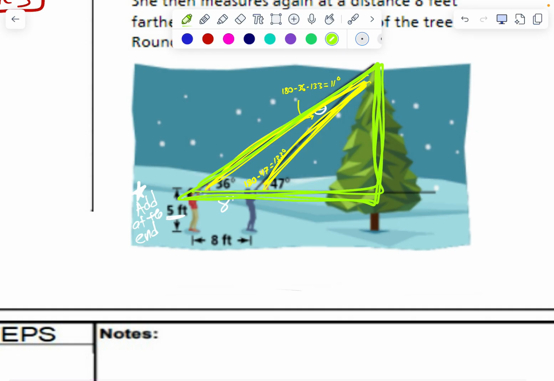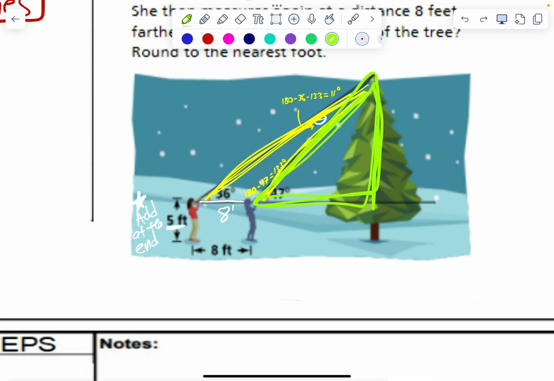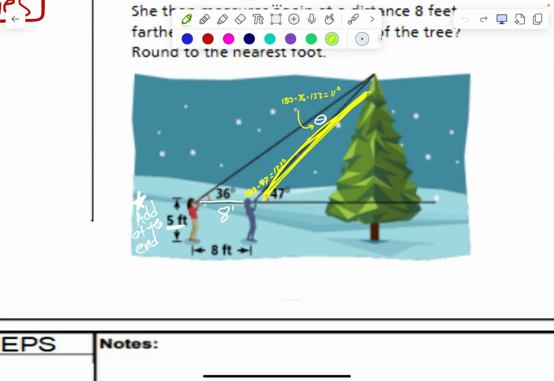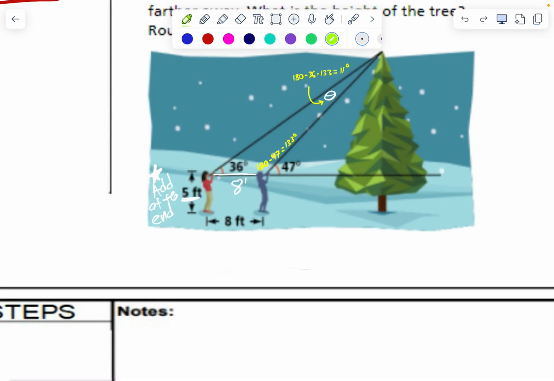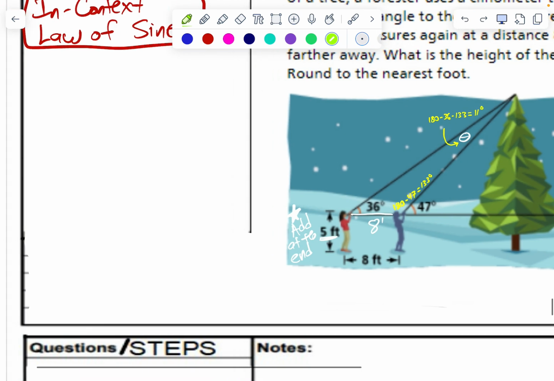If you find the longer outer length, you would do that right triangle. If you find this inner length, you would do this right triangle. Either way, I'm tracing over the height of the tree, so I can use either one to do the height. Decide which one you want. It doesn't matter much because we know all the angles. Let's go find the length of one of those diagonals.